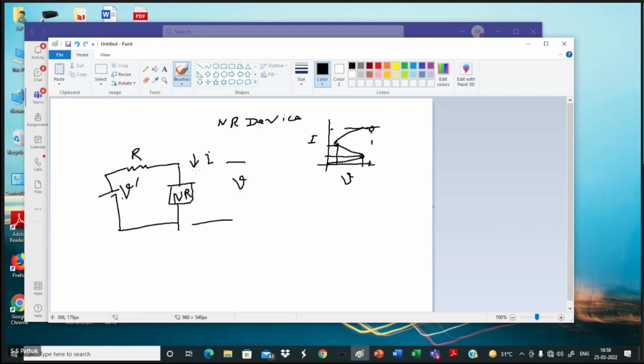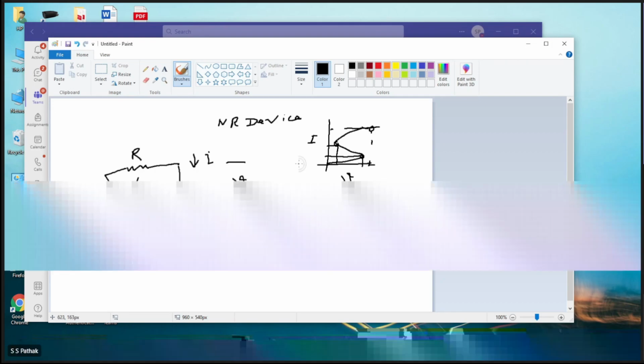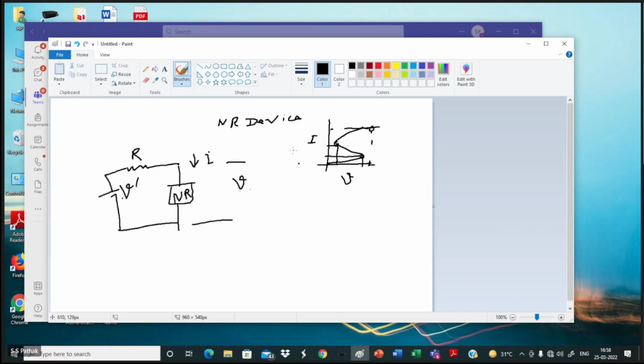With respect to this V and this I, this characteristic curve is plotted. You have to plot it with respect to V dash and I. I will be DC, of course.